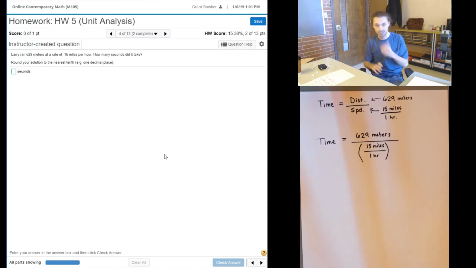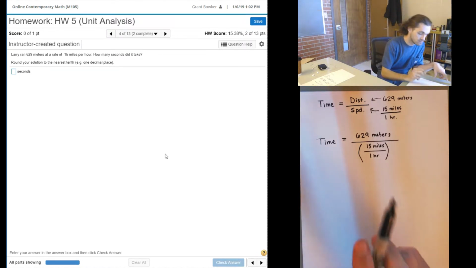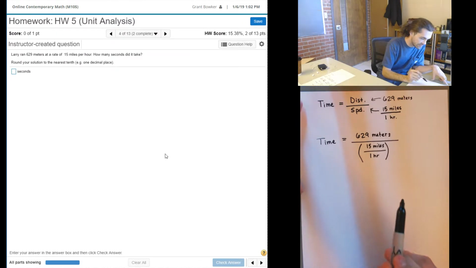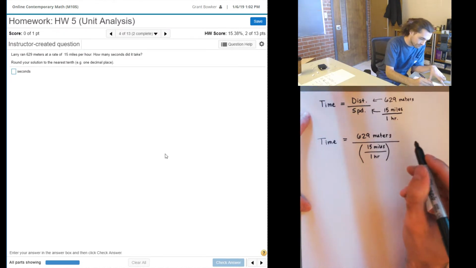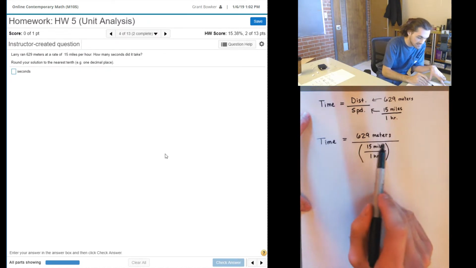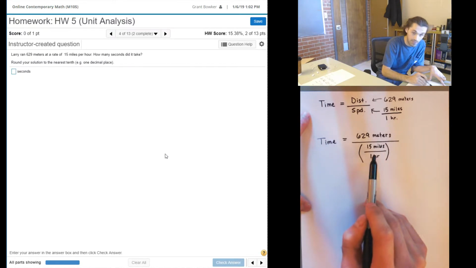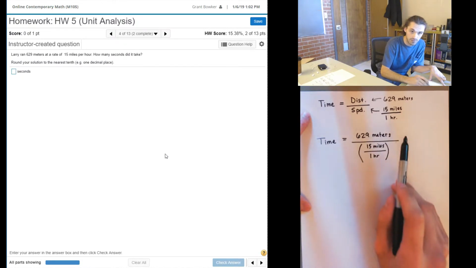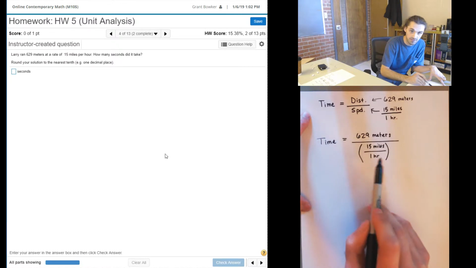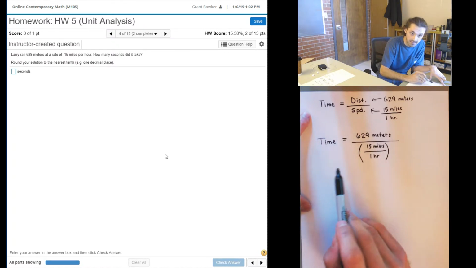Now here's why speed needs to be represented as a fraction. Because if it's not represented as a fraction, the probability of you seeing this next maneuver is very low. Recognize we have a fraction buried inside of a fraction. This 15 miles per hour is a fraction, and that's embedded within this larger fraction.